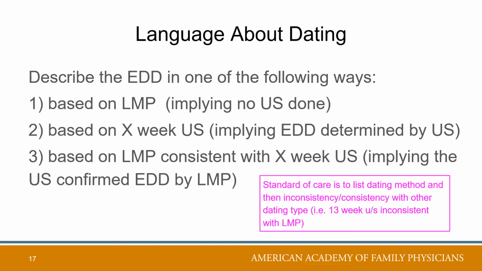And lastly, if the LMP is consistent with X week ultrasound or inconsistent with X week ultrasound, that would be considered the most ideal way. The standard of care really is to list the dating method and then the inconsistency or consistency with the other dating type. So for example, a 13-week ultrasound inconsistent with an LMP, or LMP consistent with a 13-week ultrasound.